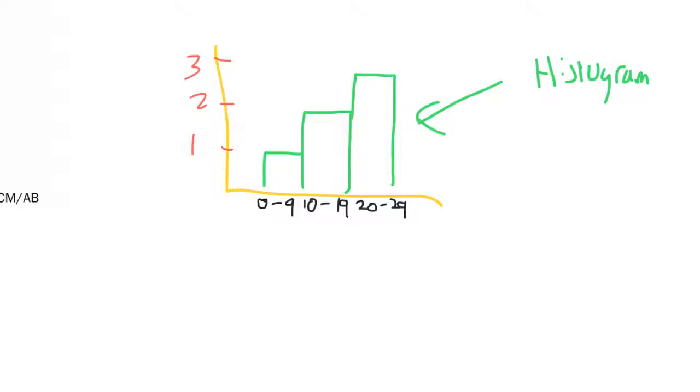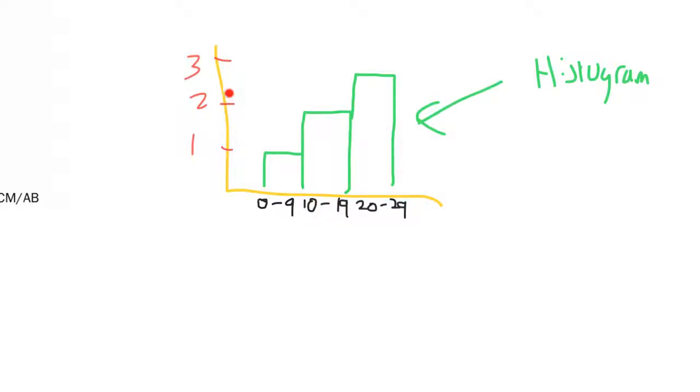Perhaps this could be a scenario where you have a whole bunch of people in a restaurant and you're analyzing their ages, and according to the information, there is only one person that is between the ages of 0 and 9. There are 2 people that are between the ages of 10 and 19.